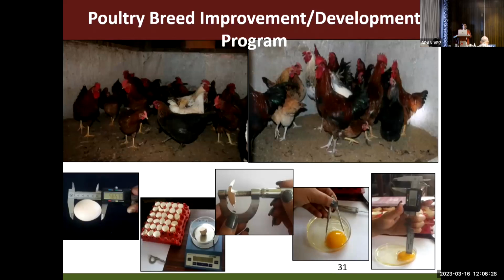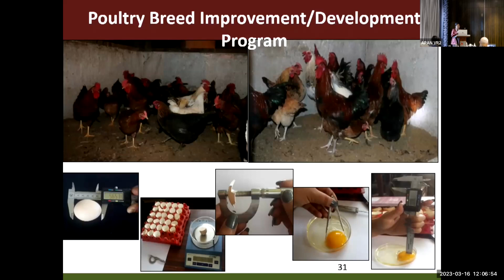Dakini breed, which is the indigenous chicken breed in Nepal, used to lay only 50 to 60 eggs per year, and we selected the population, and so now it's around 200 eggs per year. Because it's a breeding program using selection tools, it takes a long time.